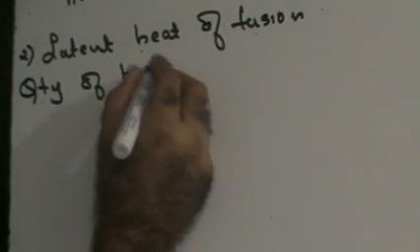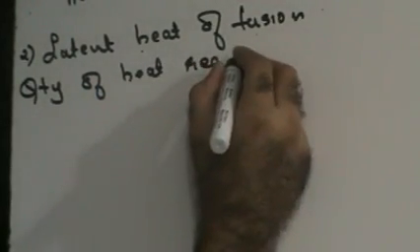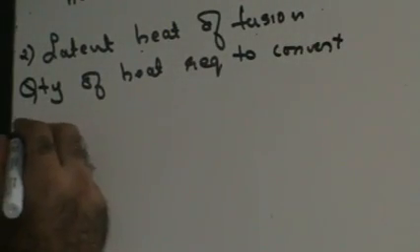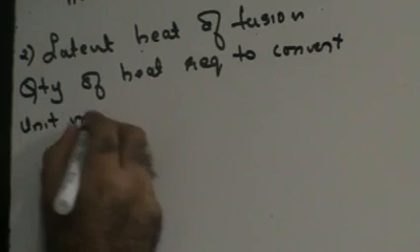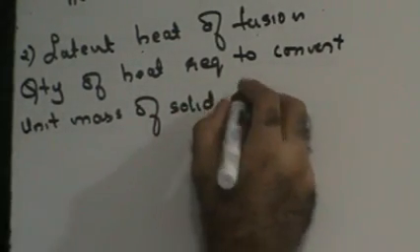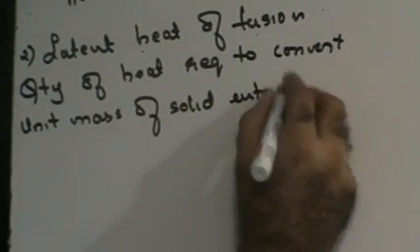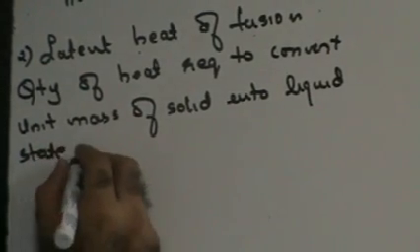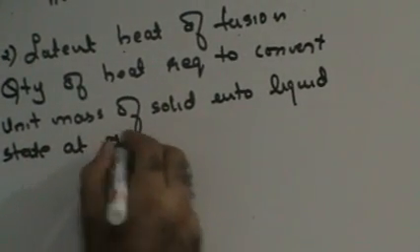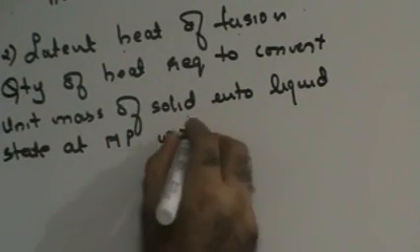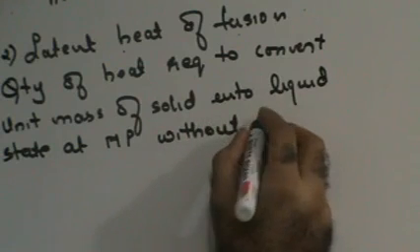Now, latent heat of fusion: the quantity of heat required to convert unit mass of solid into liquid state at melting point without change in temperature.